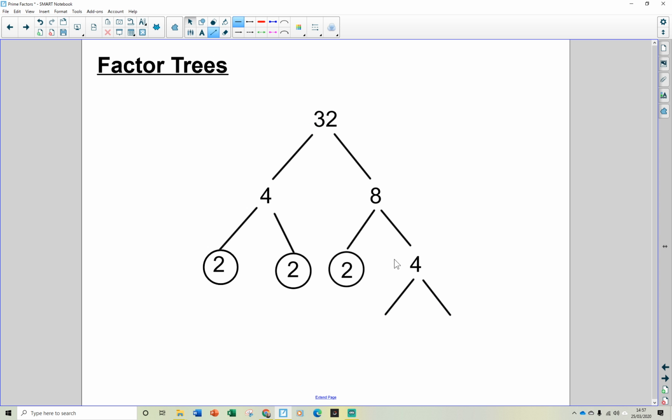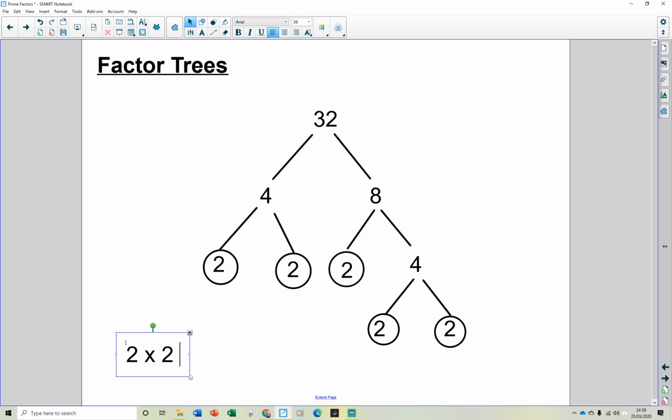I need another 2 branches. 4 is 2 times 2. And now I've reached the end of all the branches. These are both prime numbers as well. And this is a really interesting one because actually all of the prime factors of 32 are 2's. So we have 2 times 2 times 2 times 2 times 2.